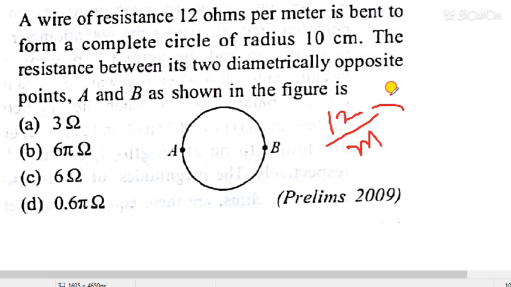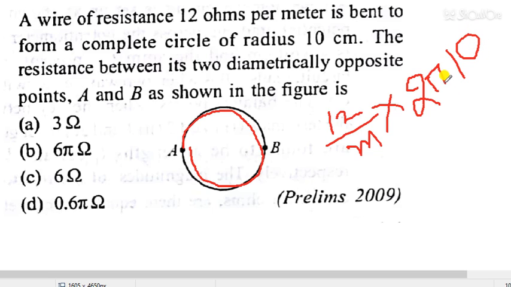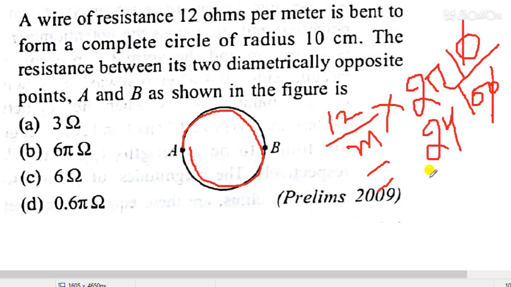So I have to multiply it with the length between A and B. So the total length is 2 pi r. 2 pi into r, where r is 10 centimeter. Now I have to convert it into meters, so I will divide it by 100. The 10 will cancel out, and we are left with 24 by 10 pi.